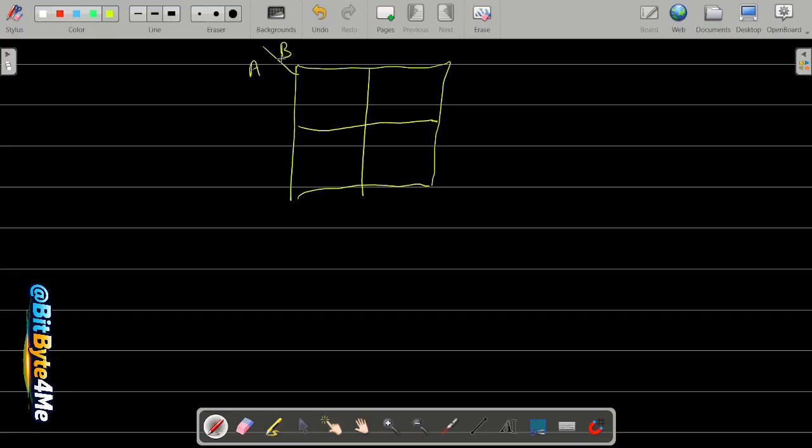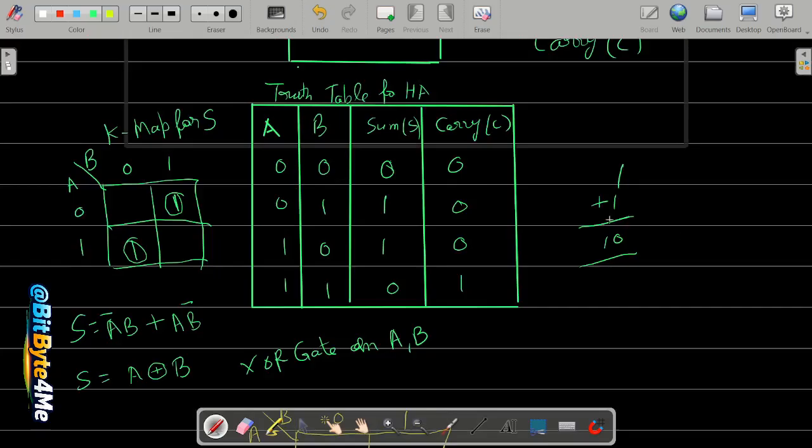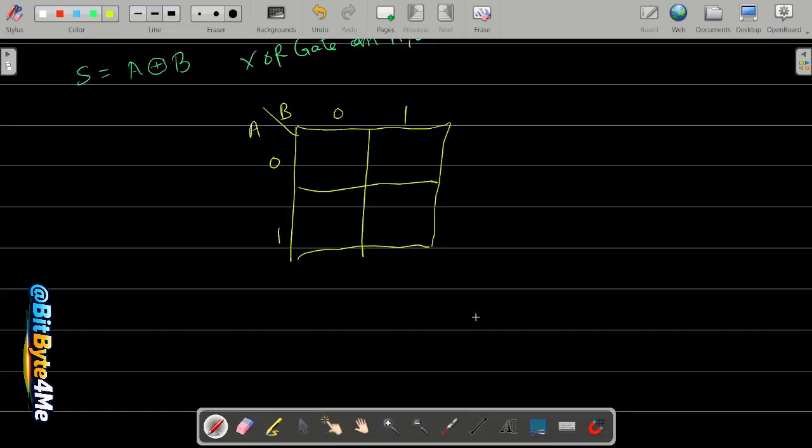A, B, value of B can be 0 1, value of A can be 0 1, and now we have to substitute. For 0 0 it's 0, 0 1 it's 0, 1 0 it's 0, only for 1 1 its value is 1. So for 1 1, here A is 1 and here B is 1. So this box will contain 1.